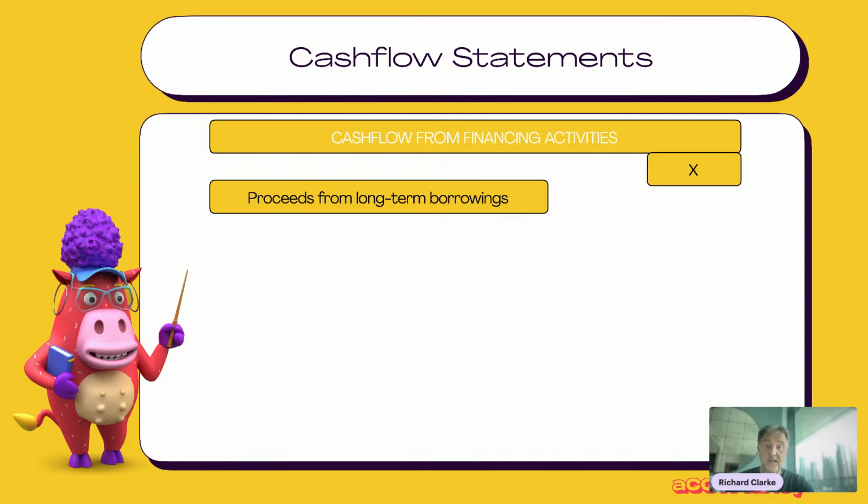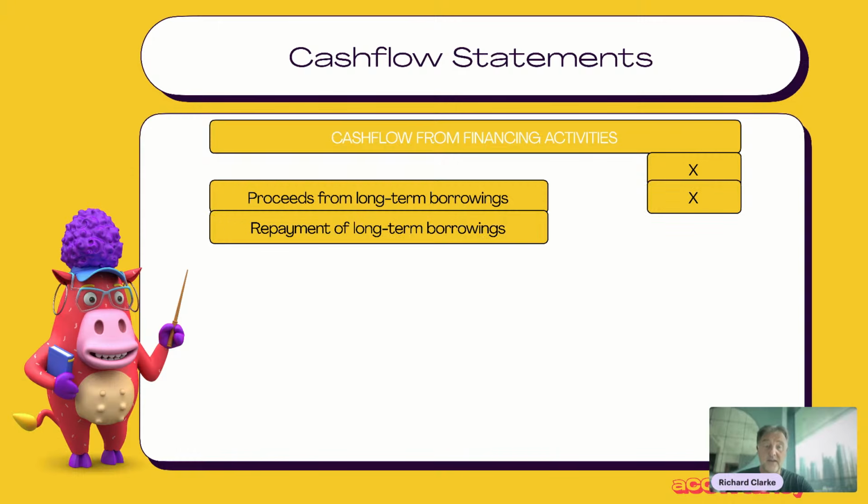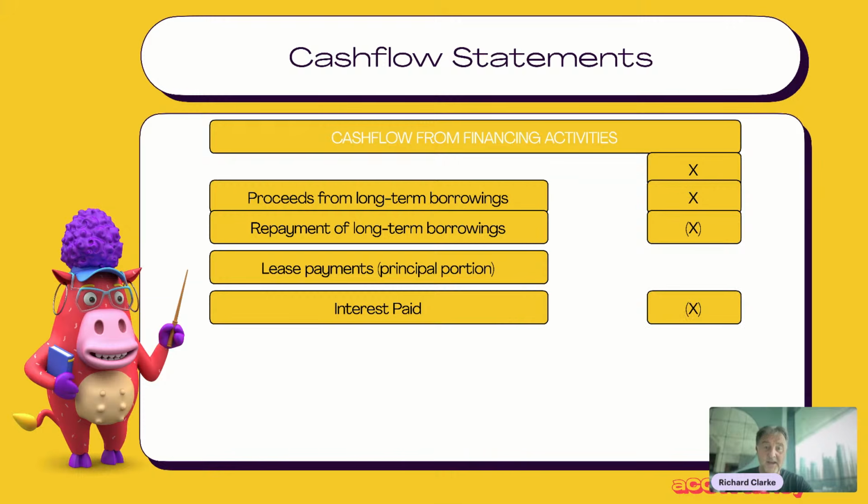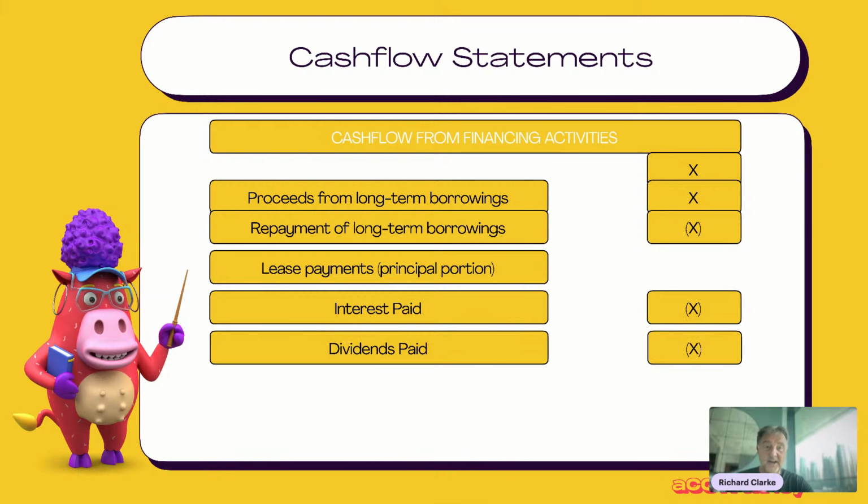Then it could be the money coming from getting a loan, or the paying off of a loan, which would be negative cash flow, or paying off the capital part of the lease. This time, interest paid and dividends paid go to financing activities. Where do interest received and dividends received go? Investing activities. Interest paid and dividends paid, financing activities.